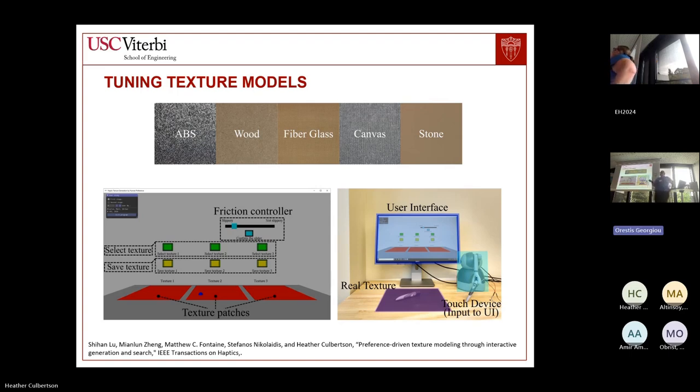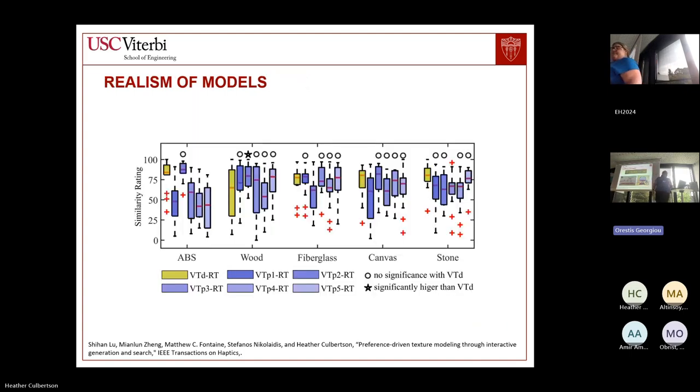Now we ran a study to see how well this actually works. Can this actually replace data-driven modeling, or can it reproduce models that are equivalent to the data-driven models? So we tested with these 5 textures, which do not exist in the original database. We brought in 2 sets of participants.